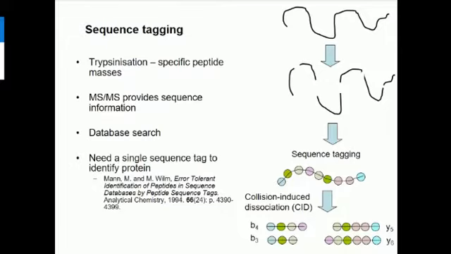So you really don't need to get full sequence coverage. And by full sequence coverage, I mean see all of those proteolytic peptides that came from the protein that you're trying to identify. You just need that short sequence. Obviously, the more that you get, the more confident you can be in the protein assignment.